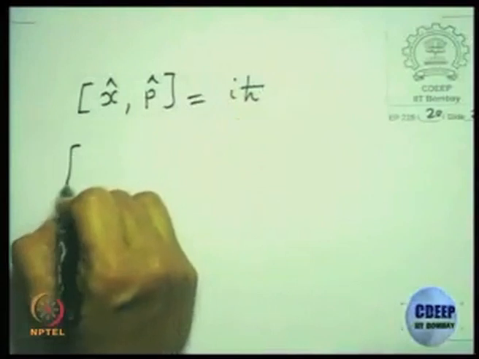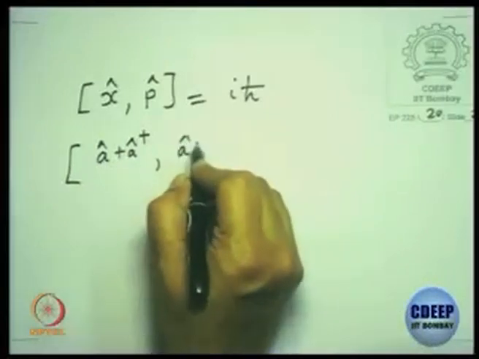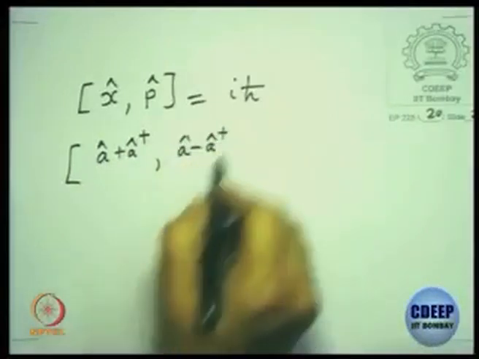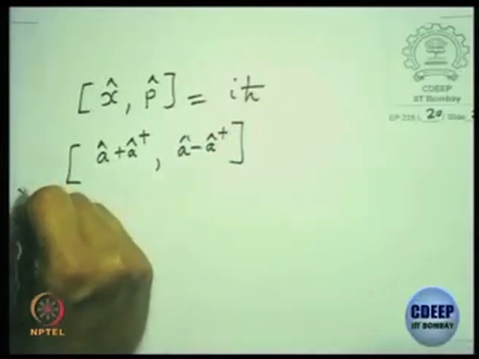IH cross, substitute here A plus A dagger and A minus A dagger. Remove all these factors out.